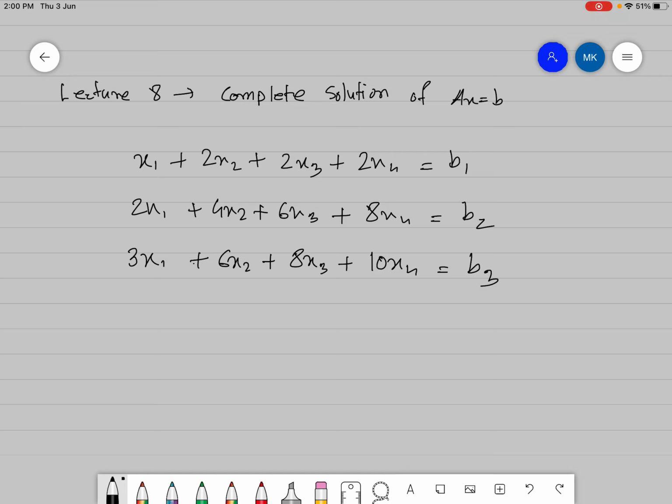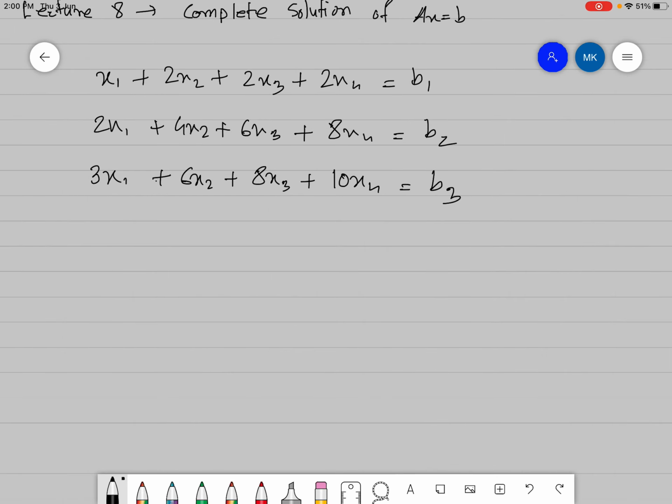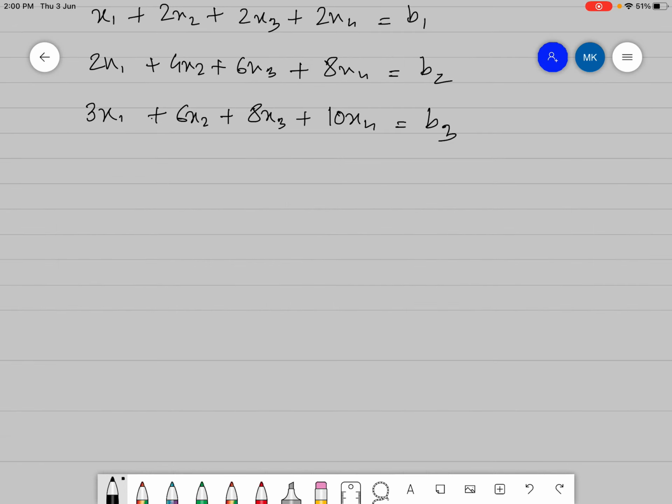If you remember, for any linear system of equations we need to make an augmented matrix from it. The augmented matrix would be 1 2 2 2, 2 4 6 8, 3 6 8 10, and these are the coefficients.